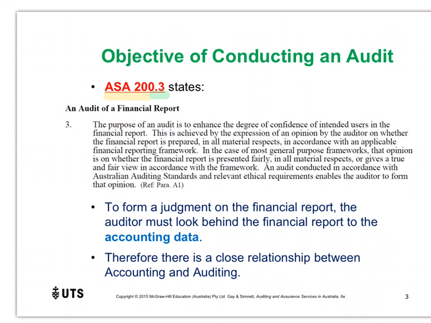Whenever we refer to an auditing standard, we first note down what the auditing standard number is, and then we follow it with the paragraph reference. So when you see ASA 200.3, the way that you read that is it's ASA 200 paragraph 3. And that's why you see that excerpt on this particular slide.